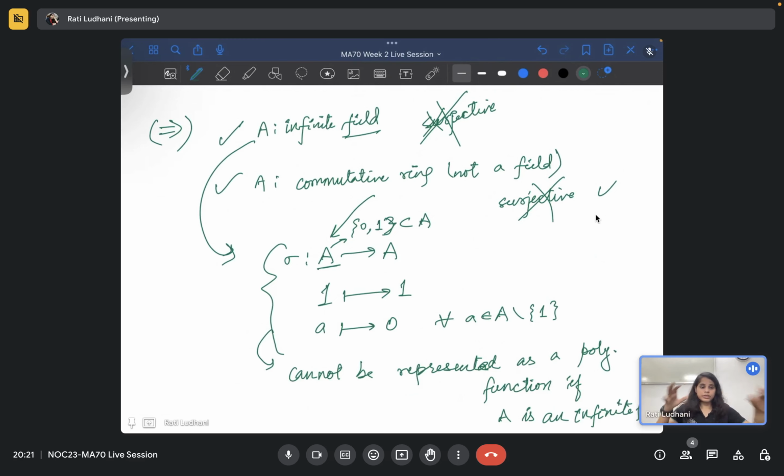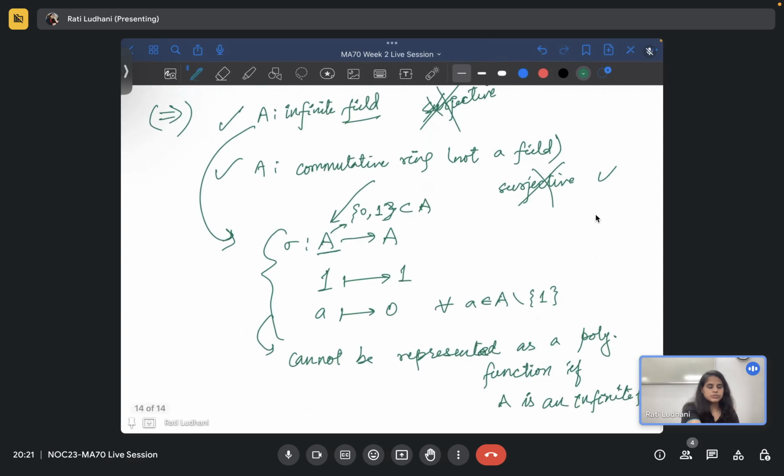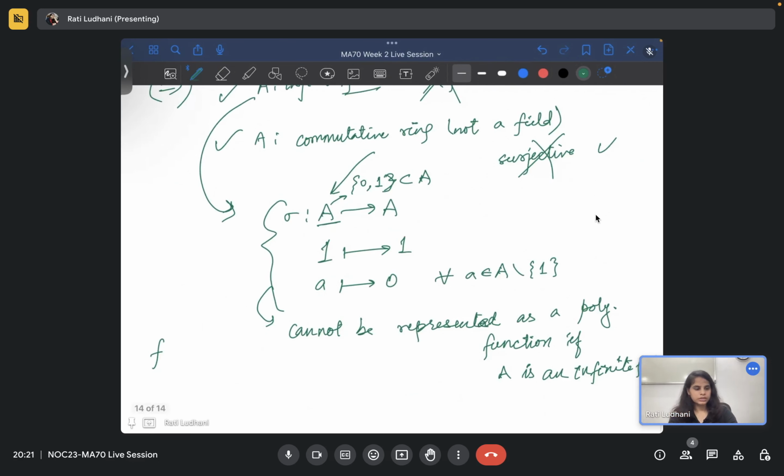So I'm saying if A is an infinite field, then you cannot find a polynomial f such that this happens, and you can use this. Okay, I can answer this at least for an infinite field. So what I'm saying, if there has to exist a polynomial, right? Then f of a has to be 0 for all a belonging to A minus 1, right?